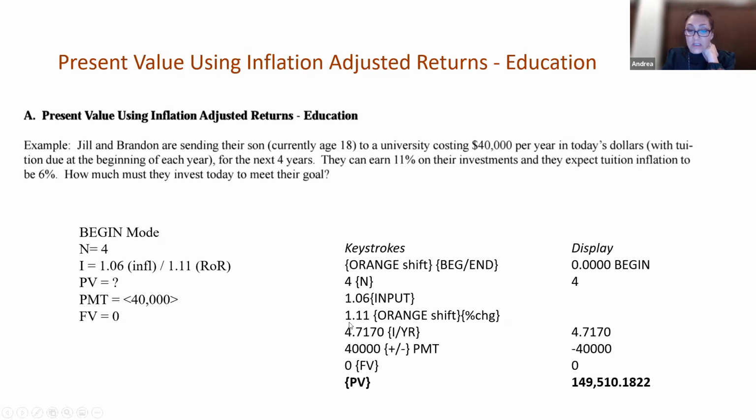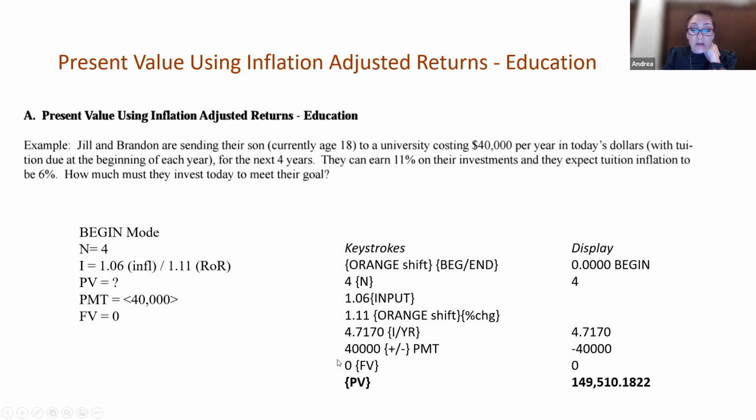Then you're going to hit 1.11, your orange shift button, and then the percent change button, which is on the third row, second from the left. And then on your register, it should show 4.7170, and you're going to hit the I/YR. So that is telling your calculator to use that inflation adjusted rate of return. Okay.